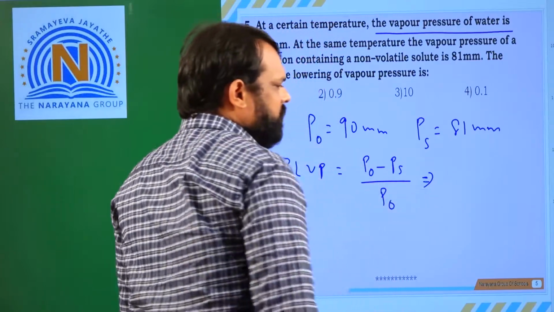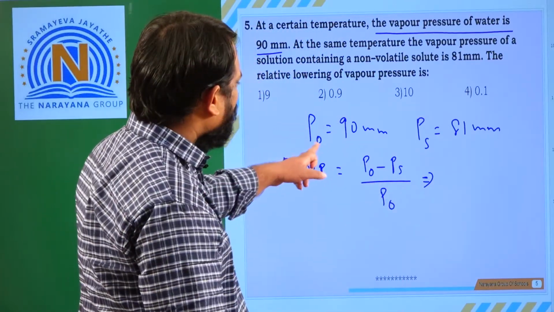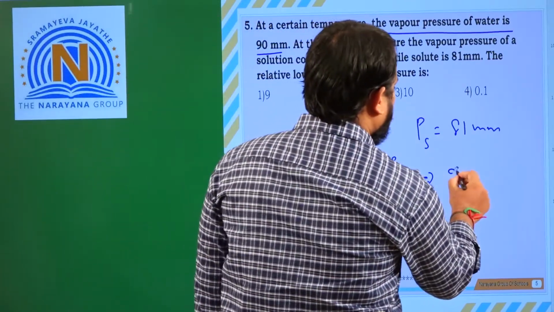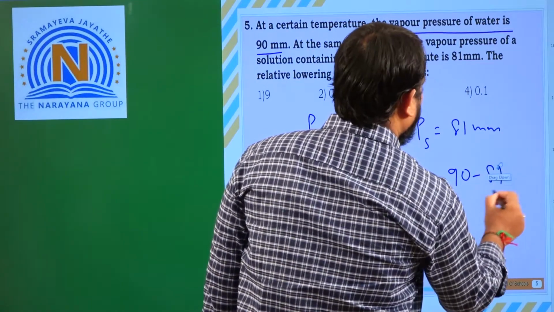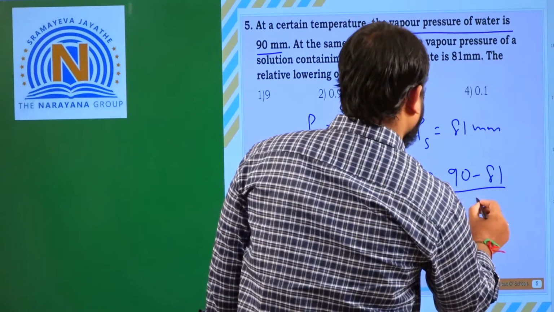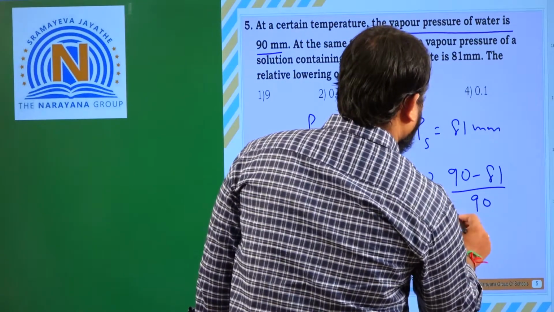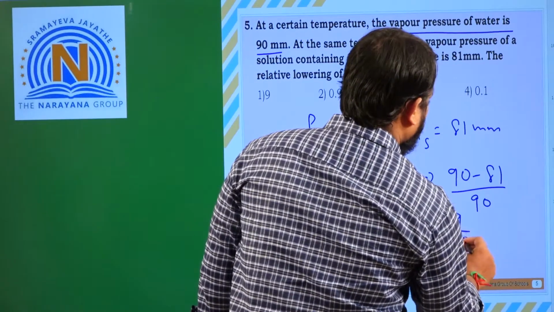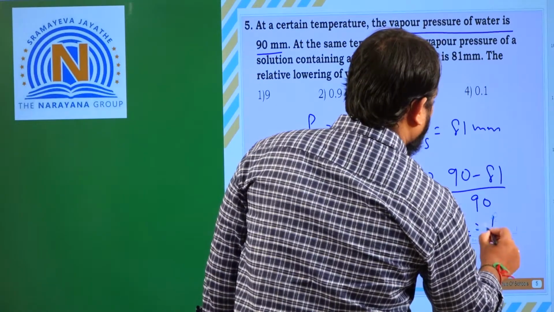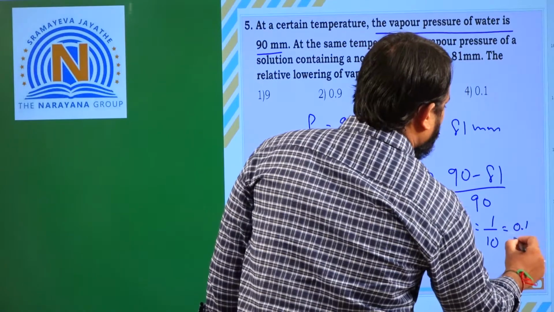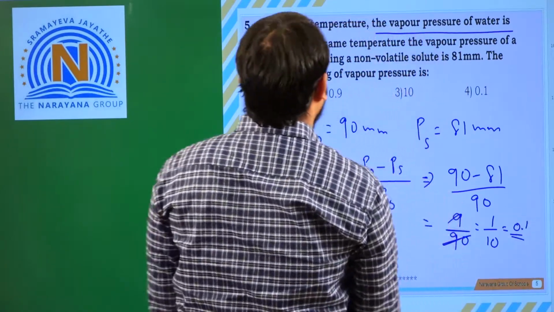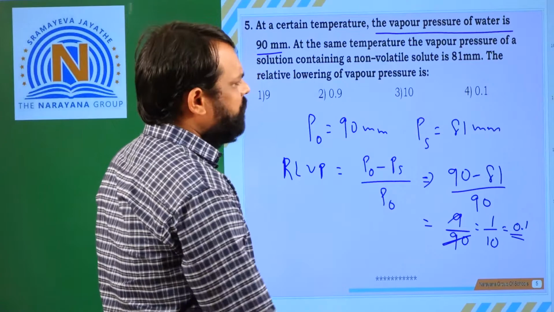P naught is 90, Ps is 81, so 9 by 90, which is 1 by 10, that is 0.1.